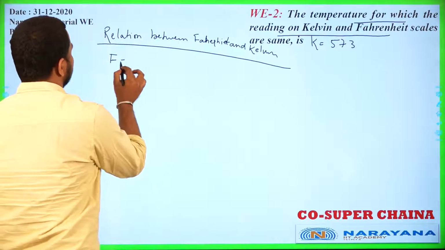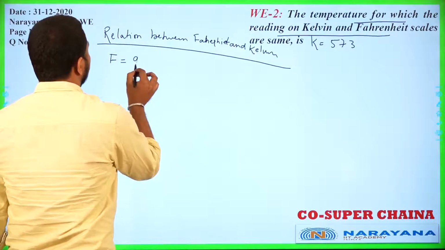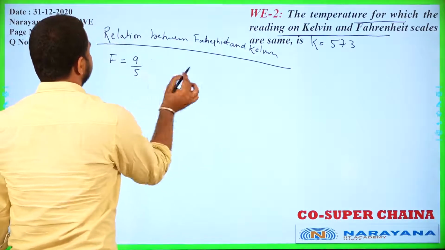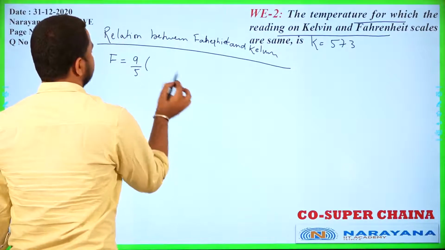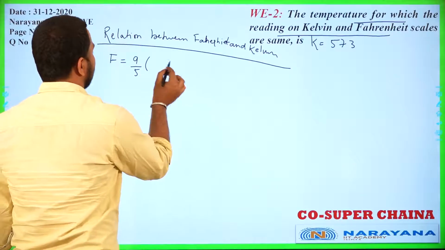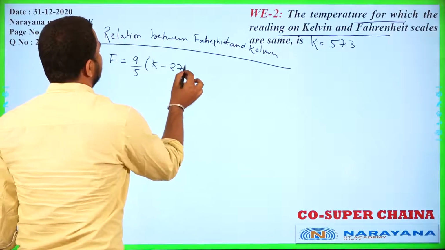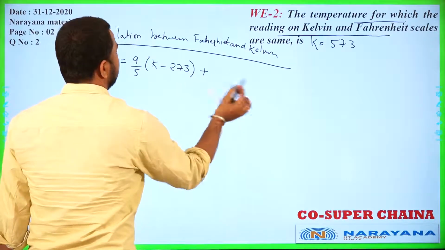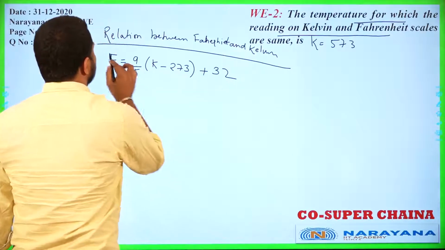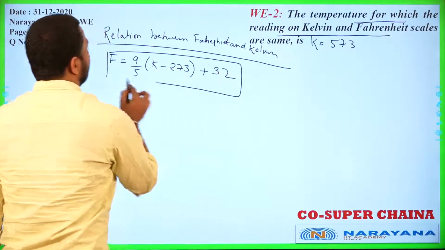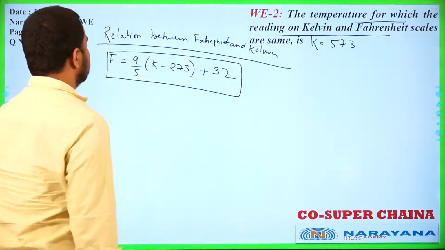F is equal to 9 by 5 (K minus 273) plus 32. This is the relationship between the Fahrenheit and Kelvin scales, right?